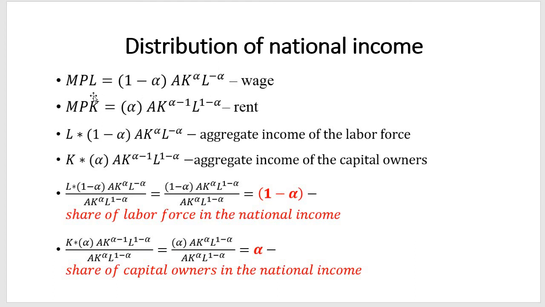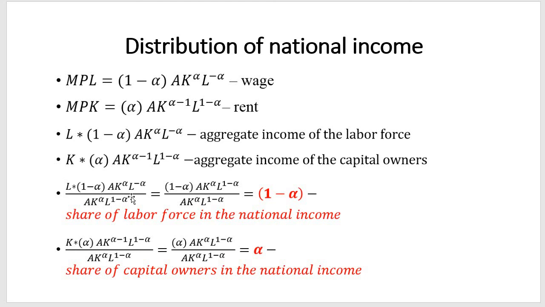Analogously, the marginal product of capital, already calculated, is equal to rent. So when it comes to the aggregate income of the labor force, you have to multiply the number of units of labor by the remuneration per 1 unit of labor. Analogously, to find the aggregate income of capital owners, you have to multiply the number of units of capital by the remuneration per 1 unit of capital.